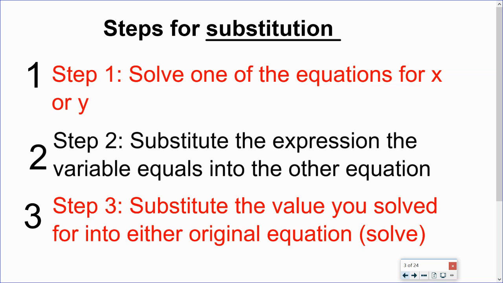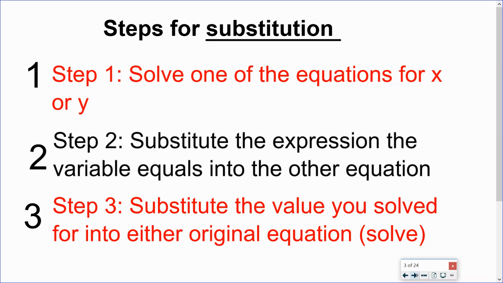If it's not, then I'm going to use a different method, and I'll show you that other method here today too. Substitute that expression in for the variable that equals the other one, and solve that, and you'll get that particular answer. That's either an x or a y coordinate, and then you put that back into the original equation, one of those two, whichever is the easiest, and you find your answer.